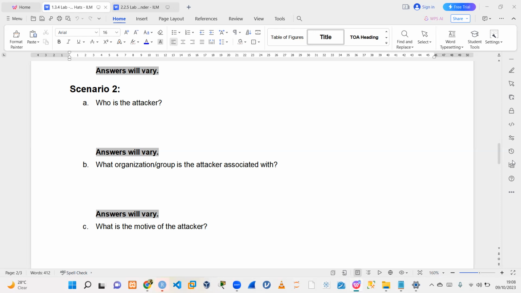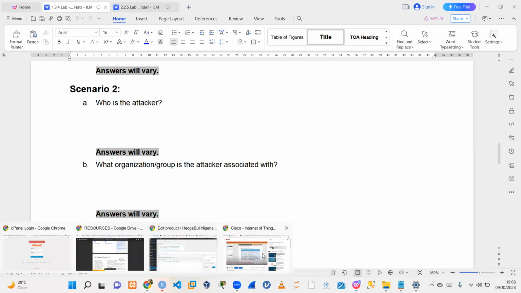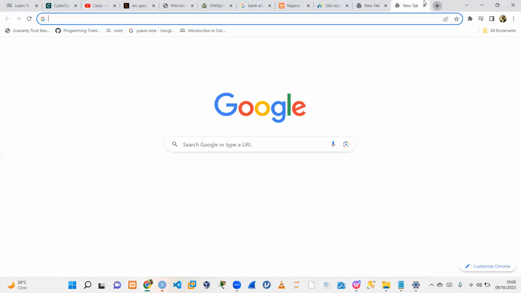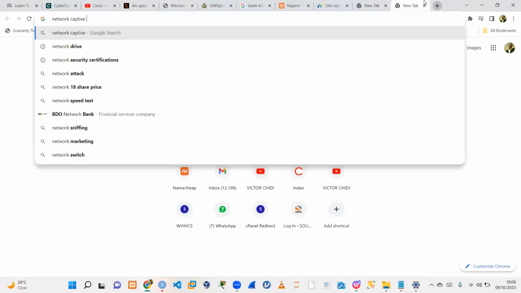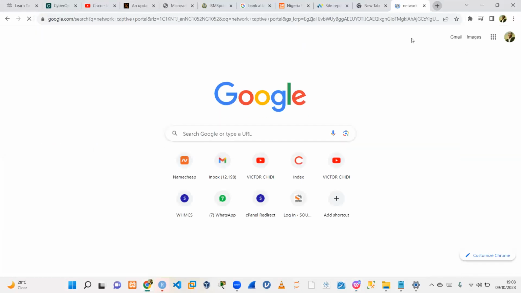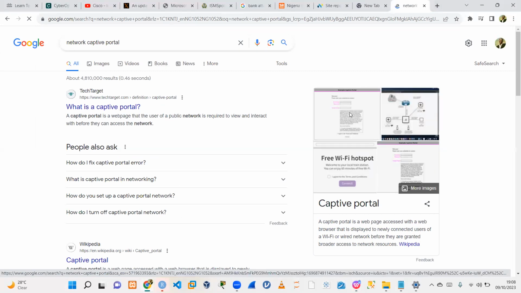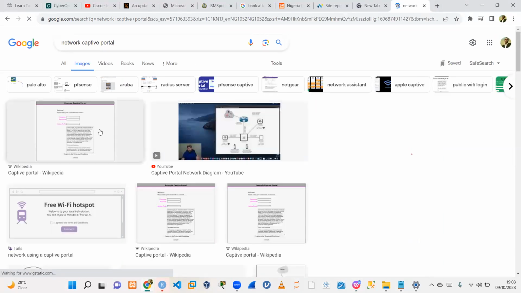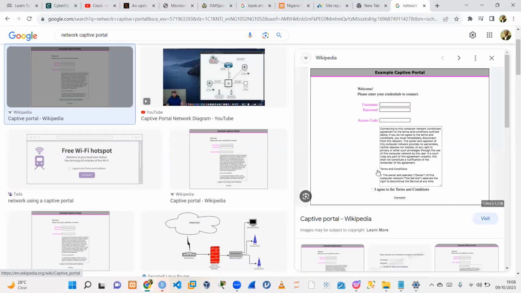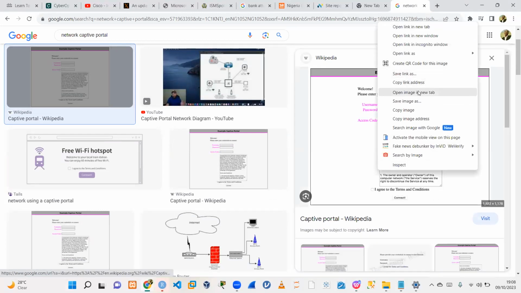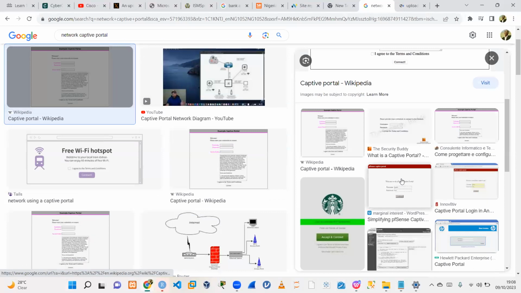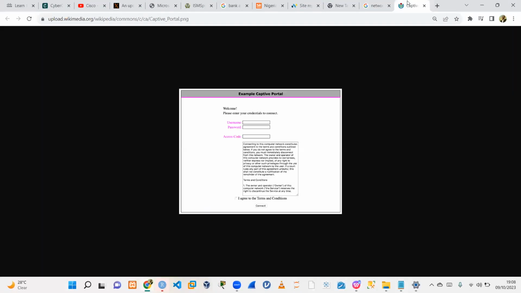If you go to a hotel now, there's what you call a captive portal, right? This is what you call a captive portal. Network captive portal. You use MikroTik, you use the software, something like this. Once you enter the hotel, they'll give you complimentary Wi-Fi.